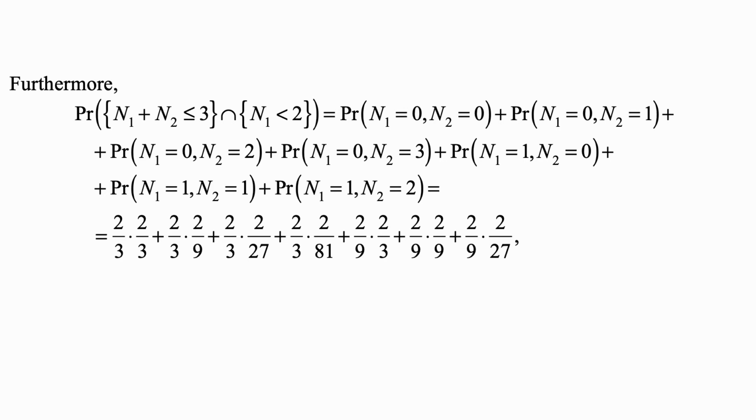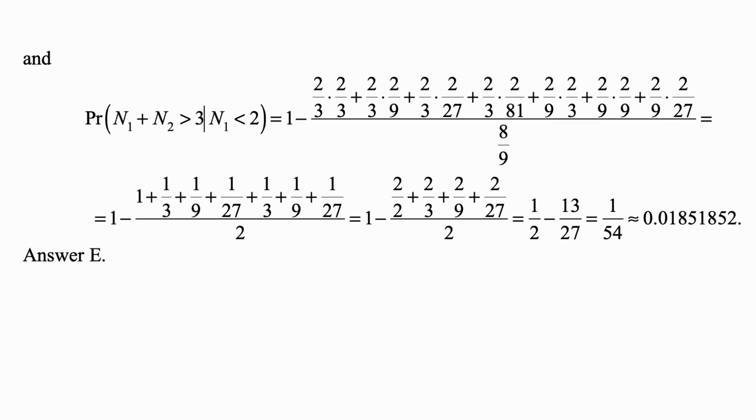Actually, I had a typo there, so it should be 2/9 times 2/9 plus 2/9 times 2/27.